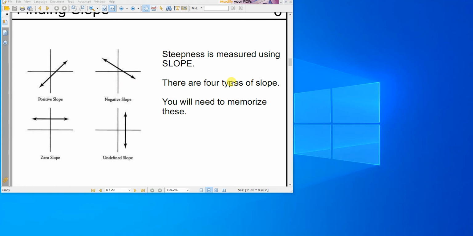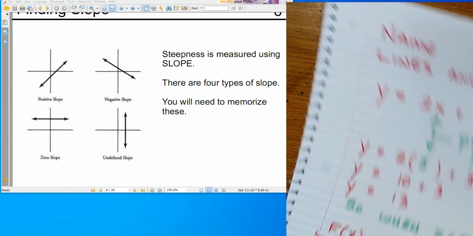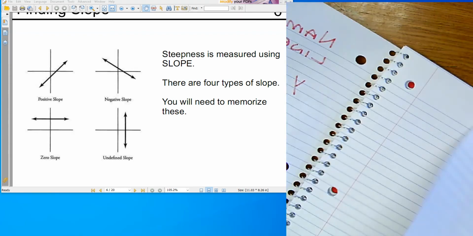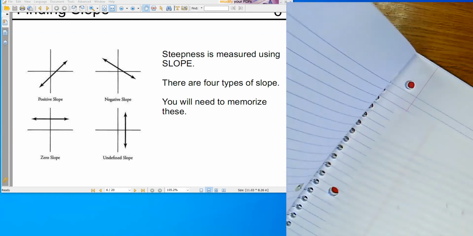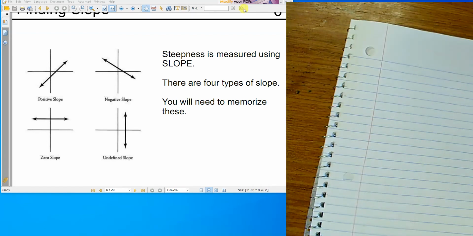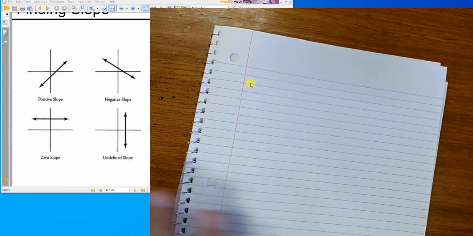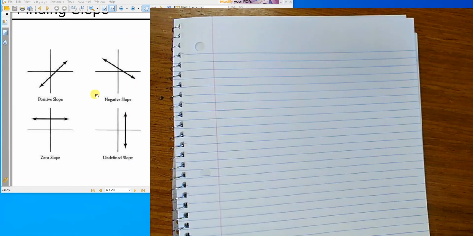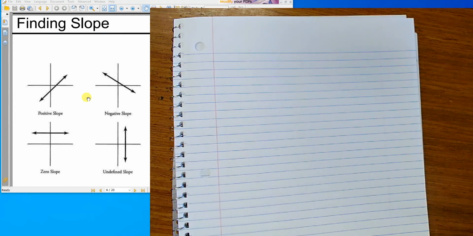So there are four types of slopes out there, and we're going to get them into our notes. So our notes are going to start with the name and our title, which is Finding Slope. So start with your name.